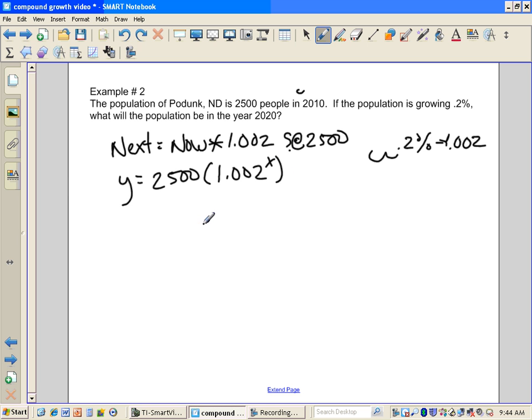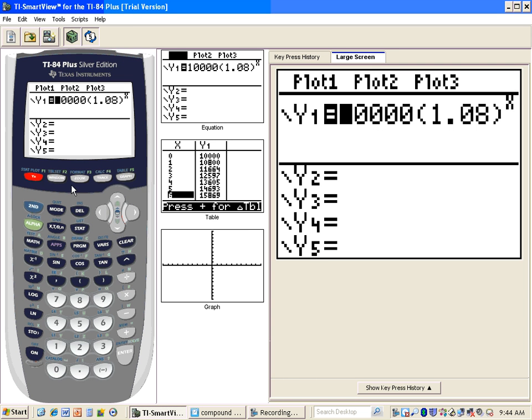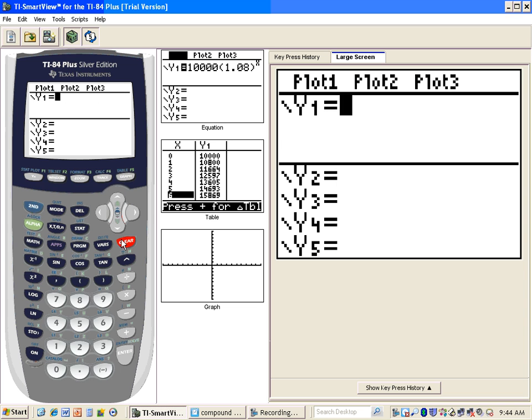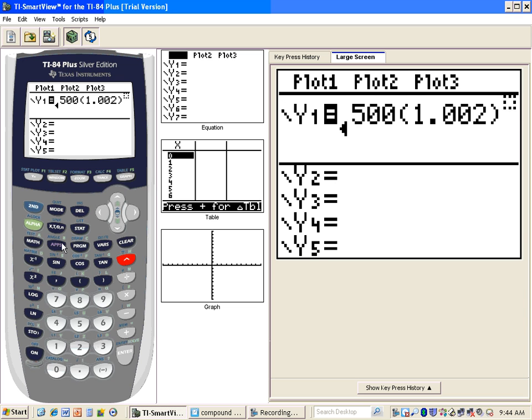So we said 10 years later is the year 2020. Let's go to the y equals in our calculator and see if we can work this out. So in my y equals, I'm going to clear this. We said 2,500 times 1.002 raised to the x power.